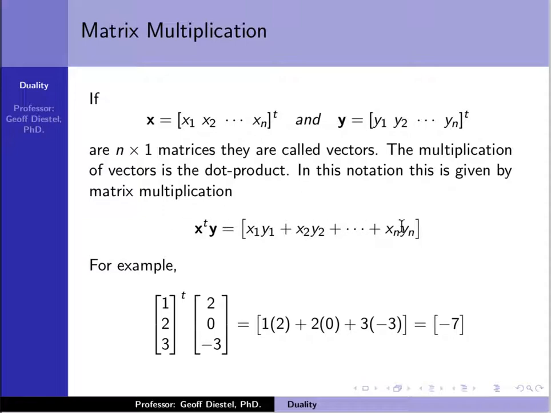But for calculation purposes, all you're doing is lining up the numbers: the first coordinates, multiplying them together, the second coordinates, multiplying them together, all the way to the last coordinates, multiplying those together, and then adding those things up. Again, if you take an example in the plane, take two vectors with two coordinates and compute their dot product, and then measure the angle between the two vectors, you can actually connect those two with an equation.